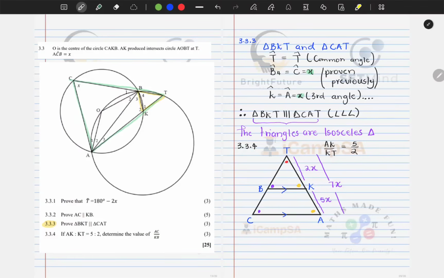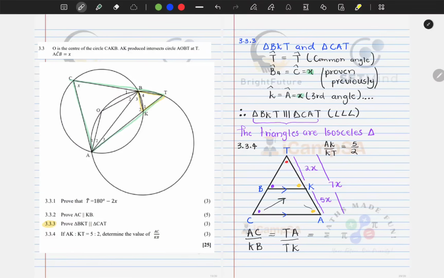So if we put these in proportion according to these triangles, AC divided by KB will be the same as, if we go to the bigger triangle and look at this entire side opposite to the purple angle, TA divided by, in the smaller triangle, TK.